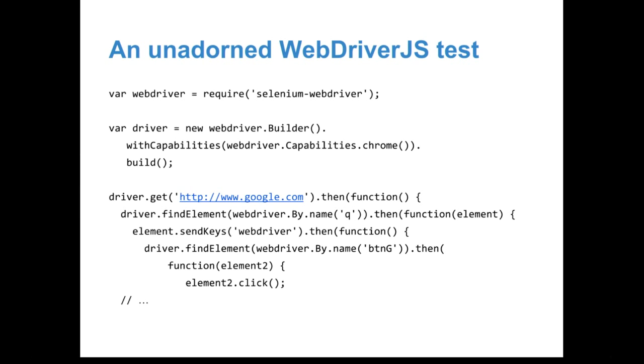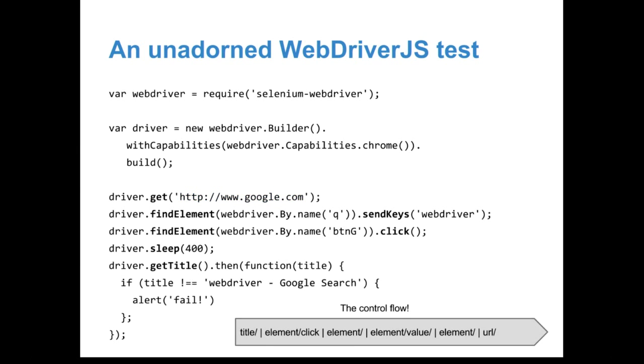So wait a second, if everything is returning promises, how come this isn't just a giant chained, nested, terrible promise fulfiller? Well, WebDriver keeps something called the control flow. And every time you call a method that's going to be sent over the WebDriver wire protocol, it just adds that to the control flow.